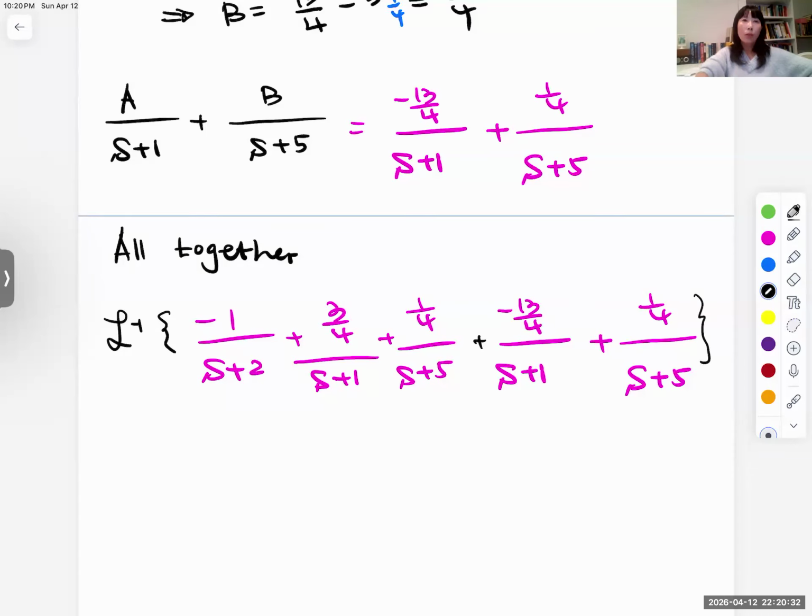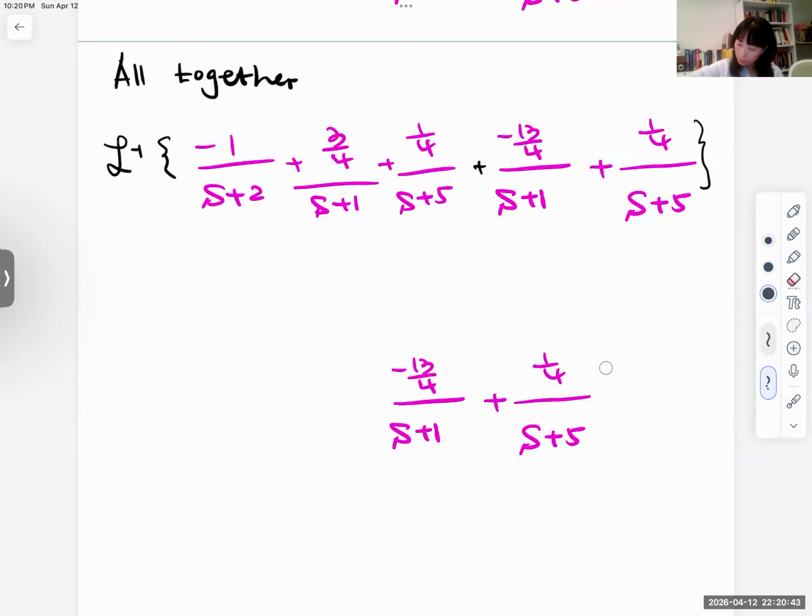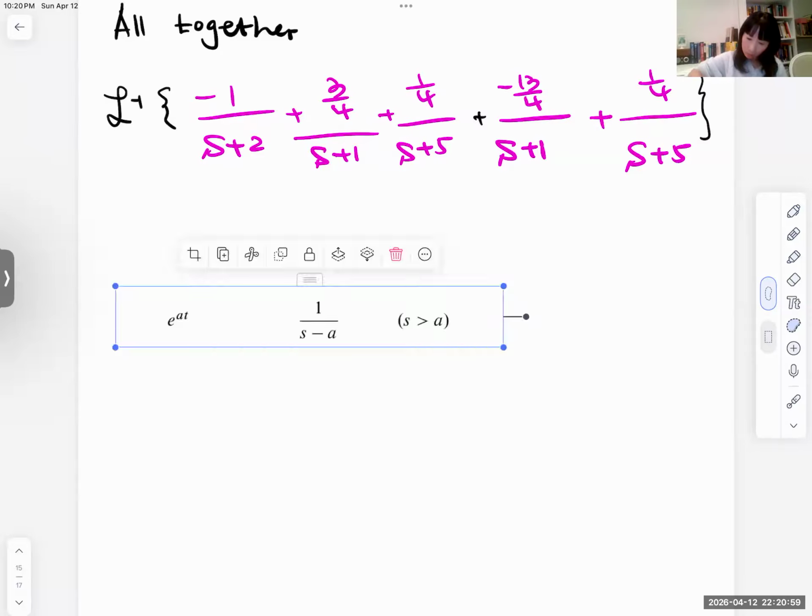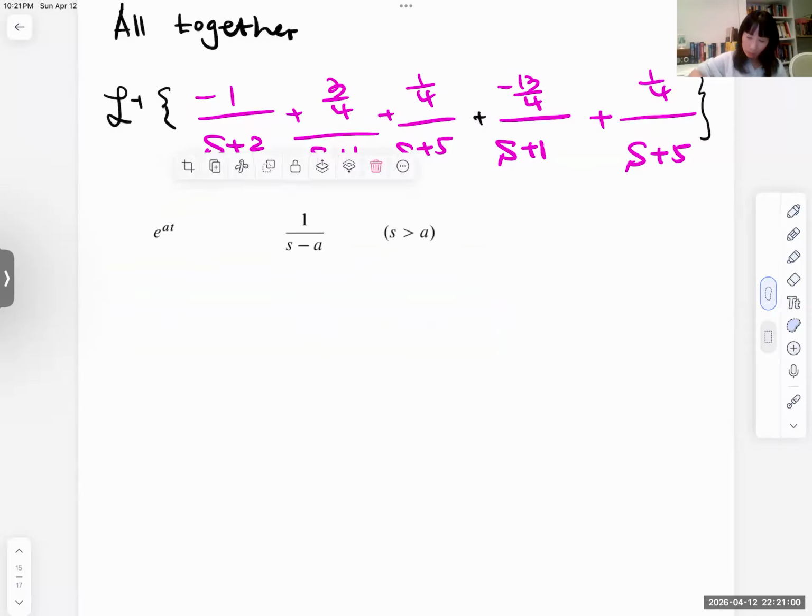So we had e to the at power earlier, right? Okay, so we had this one. So the first term, we have a equal to -2, yeah?